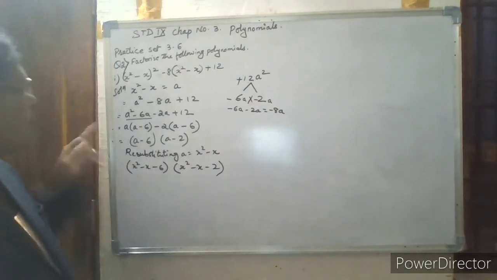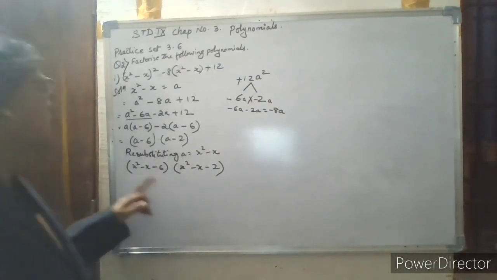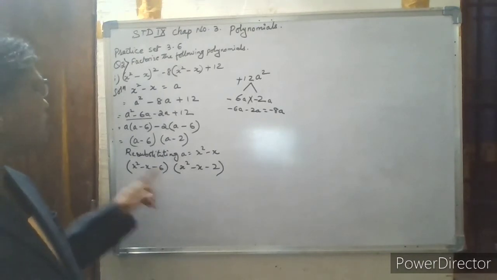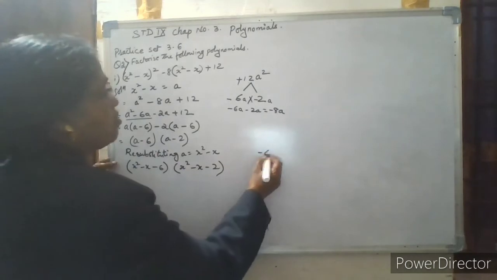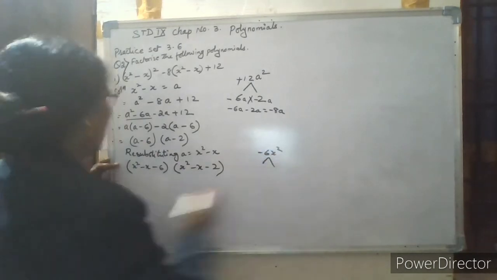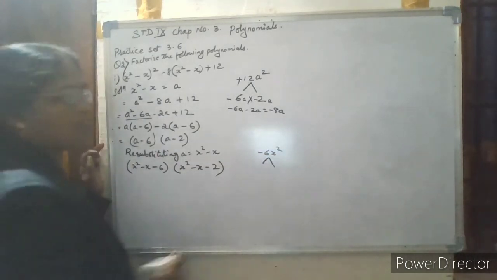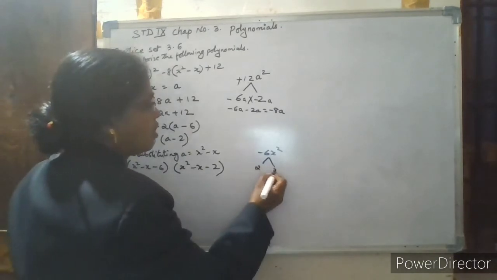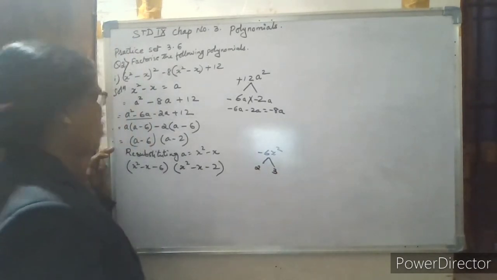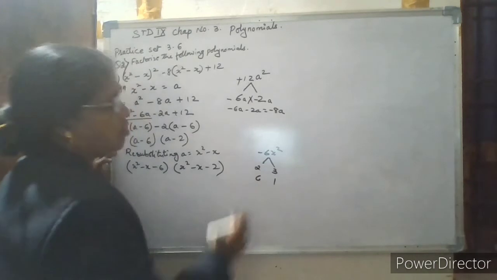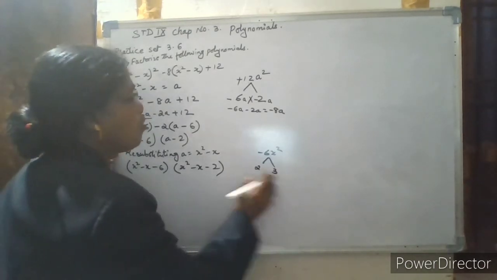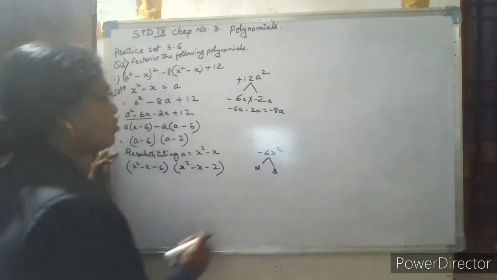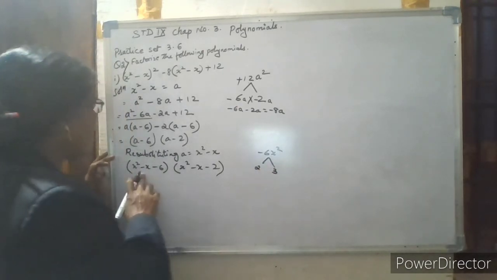Now again we can factorize these by splitting the middle term. Try to split x squared minus x minus 6 and see whether you get the middle term. 6 has the factors 2 and 3, or 6 and 1, no other factors. 2 plus 3 is 5, but we want minus 1 here.